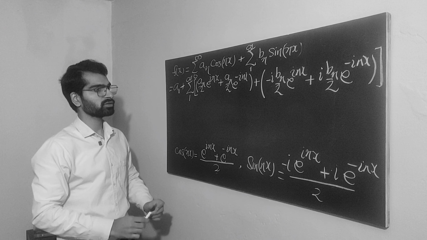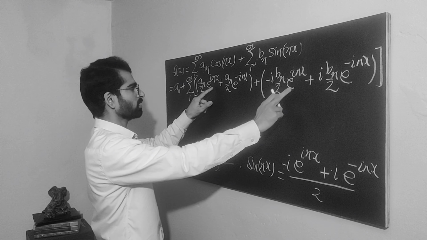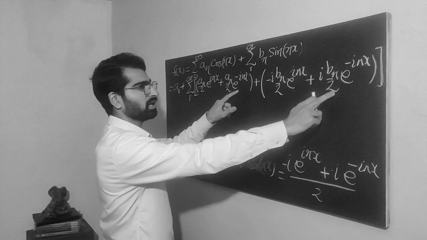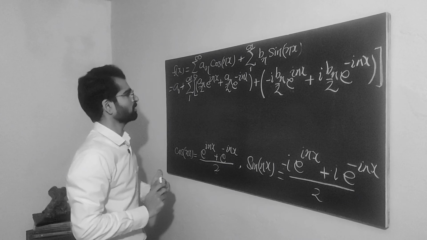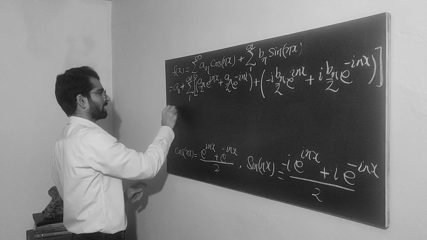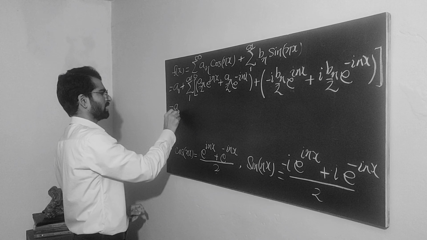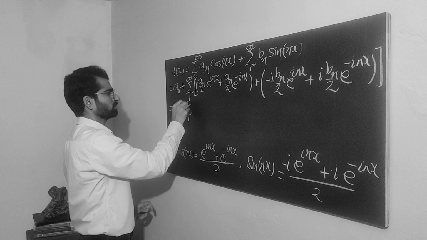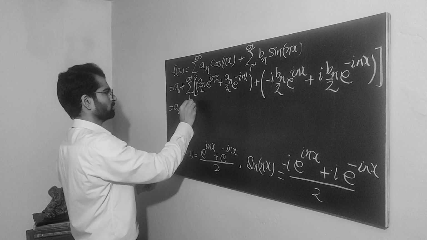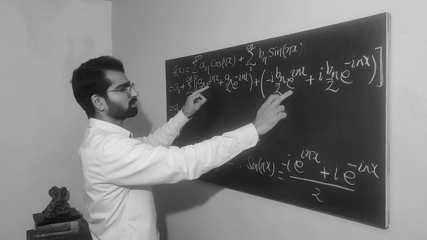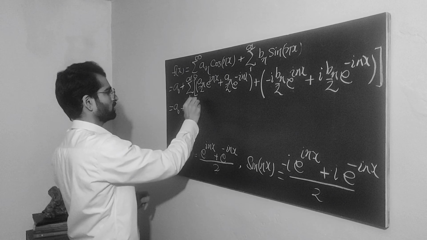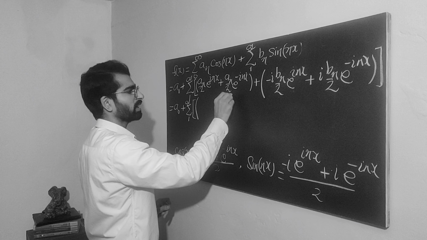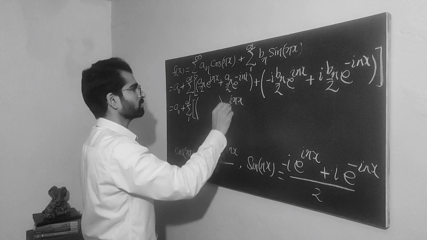Now what I'm going to do is couple these two together. They are the same exponentials, so I'm going to couple them together. So what I get is A0 plus the summation from 1 to infinity. Look, they are common, so they will be waiting outside. e to the I n x.